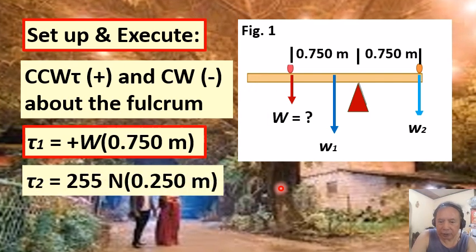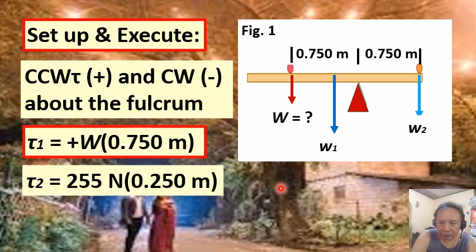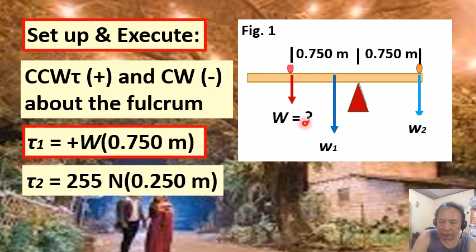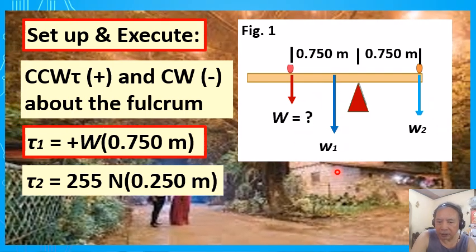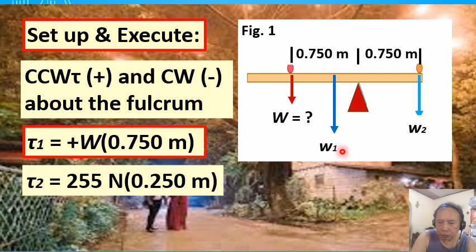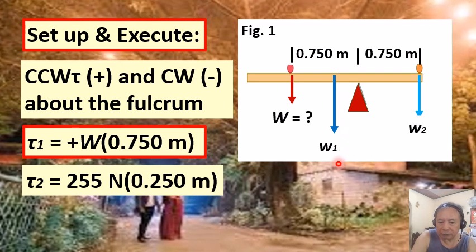The second torque that will also produce counterclockwise rotation of the body is the torque due to W1, or the weight of the rod itself.